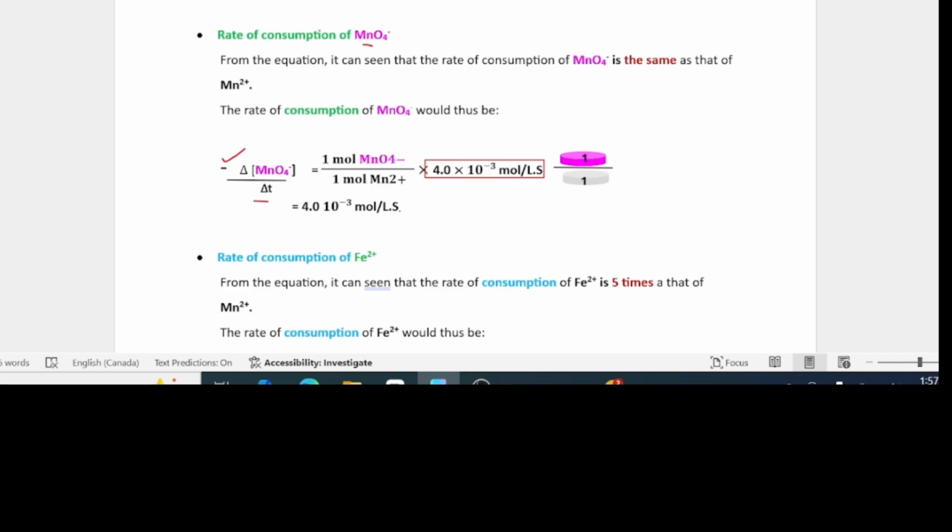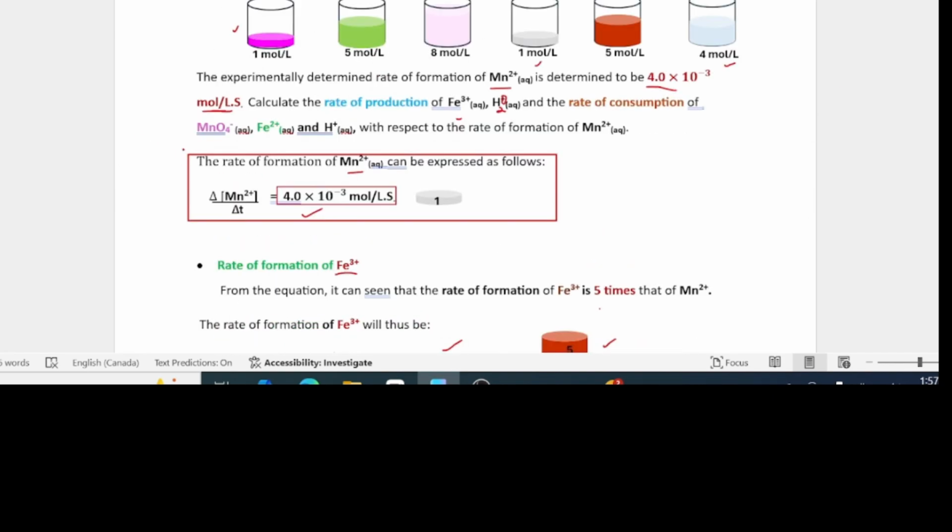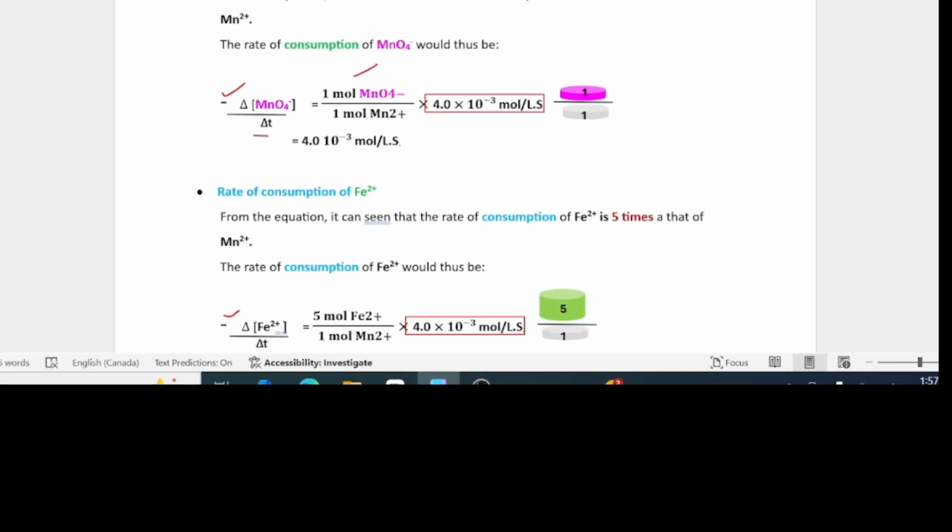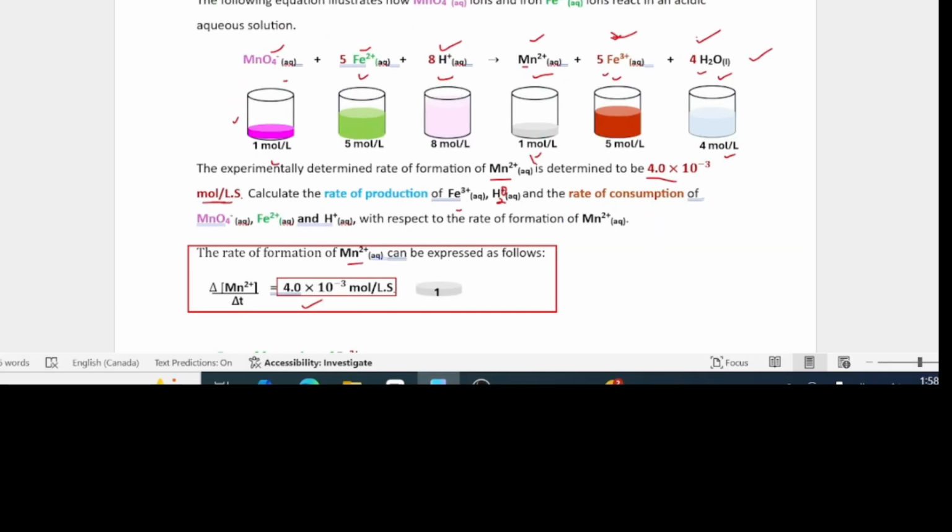And the mole ratio is, according to this equation here, 1 mole of this to 1 mole of that. That's there. That's there. And you multiply, of course, by the experimentally determined rate for this guy, and you can see it's the same. Work out to be the same. Why? It must be the same because you can see that every 1 mole per liter of this is changed whenever 1 mole per liter of that is formed.